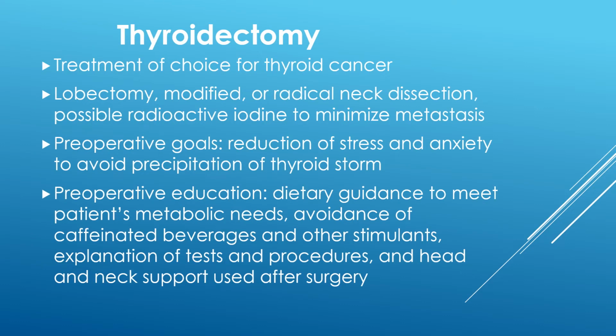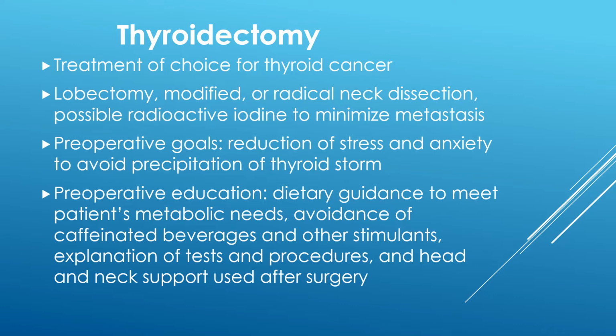So thyroidectomy is the treatment of choice for thyroid cancer. A lobectomy is just one side. Modified might be the side plus the isthmus, and then a radical neck is everything and may include some lymph nodes. They possibly may need radioactive iodine to minimize metastasis. This will actually kill all cells that contain iodine in the body, and that is only our thyroid cells.